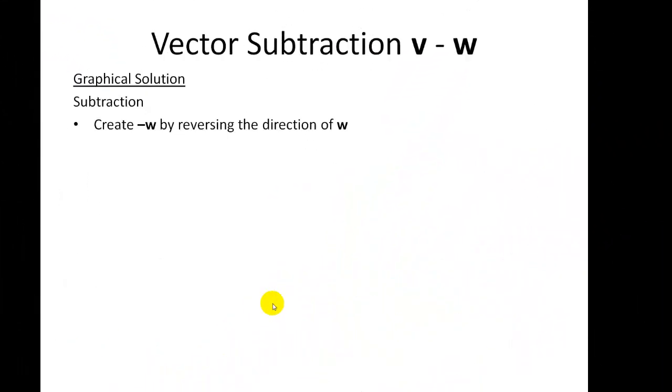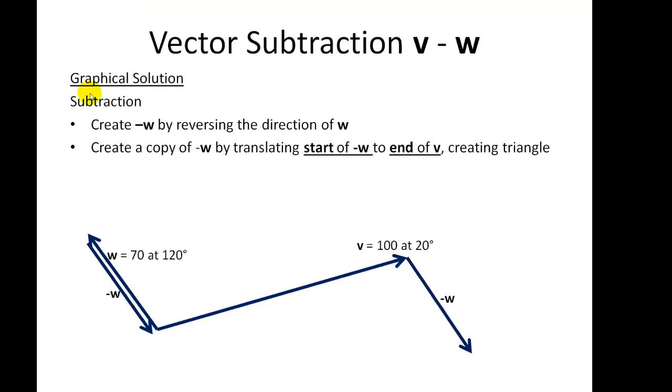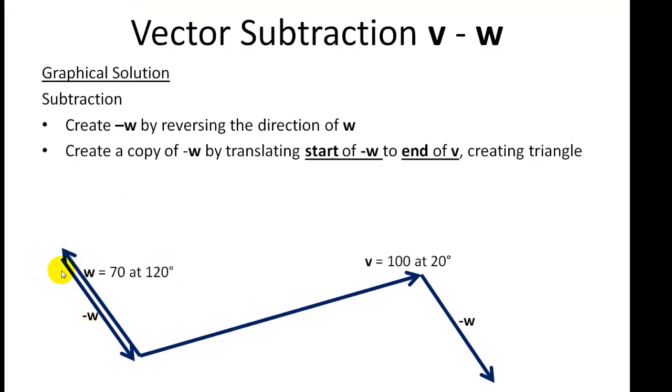Now, if we're going to do vector subtraction, v minus w, what we have to do first is create a negative w. A w traveling in the opposite direction with the same magnitude by reversing its direction. So we create that copy of w that's called negative w. So instead of going from the origin to the direction of w, it goes in the opposite direction.